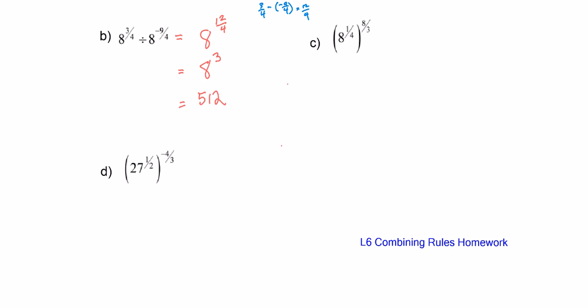Our next problem has power of a power. You need to remember that when we do power of a power, it means we're multiplying the two exponents. Let's just do that off to the side here: 1 over 4 times 8 over 3. When we're multiplying fractions, we just multiply the tops and we multiply the bottoms. So now we have 8 over 12, and we write 8 to the 8 over 12.